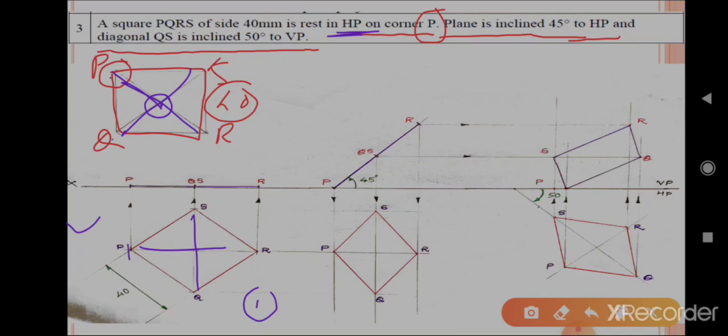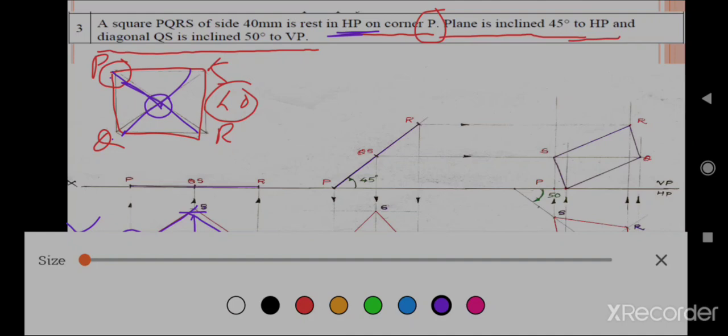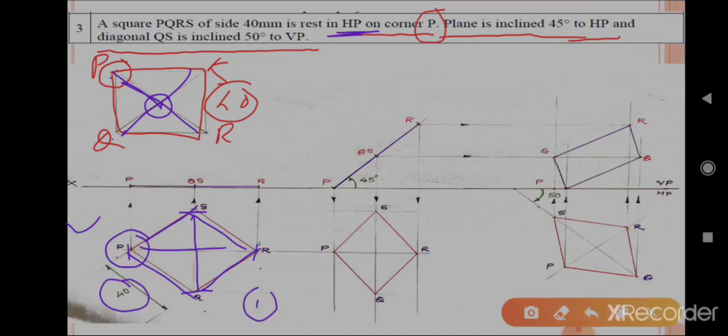We can mark the points PQRS and connect them with straight lines, giving the 40 mm side square with the corner separately. By using this, draw the vertical projection lines for completing the front view. This is the complete top view.